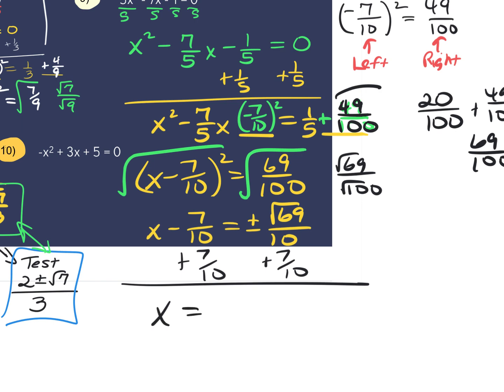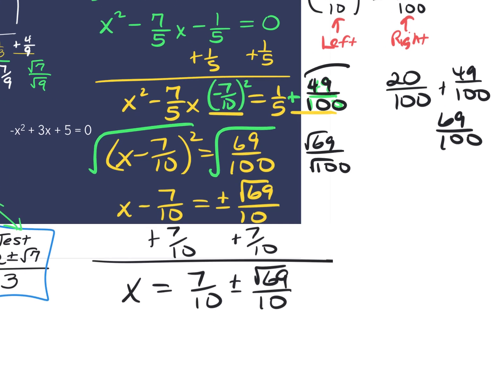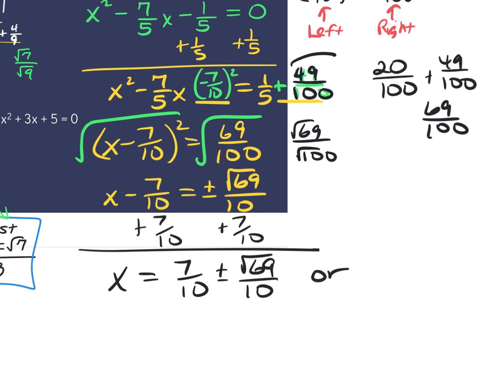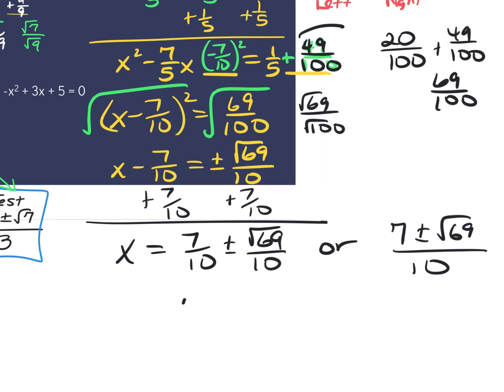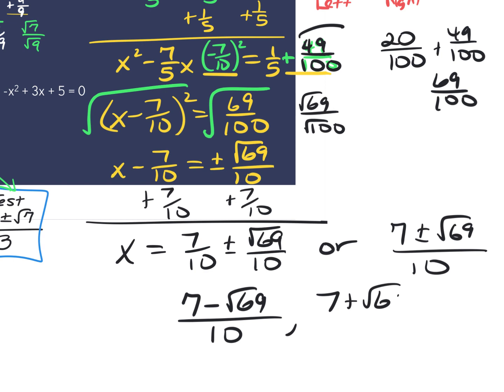And x is equal to 7 over 10 plus or minus the square root of 69 over 10. And here, if you'd rather just put it with 10 in the denominator, you can do that. Again, WebAssign is going to expect you to do 7 minus the square root of 69 over 10, comma, or if it's 2 boxes, plus, and then over 10.